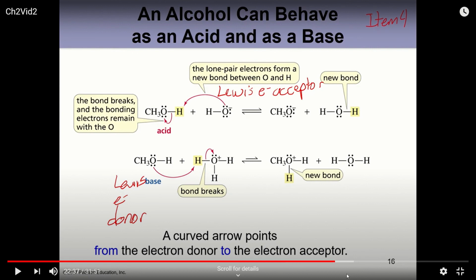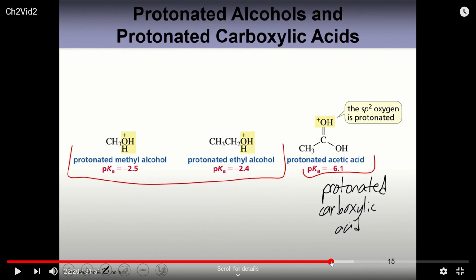So what you're going to do then is note that when you have a normal carboxylic acid versus a protonated acid, the pKa is always going to be lower for the protonated form, but that the order of pKa between functional groups is still consistent, because the non-protonated alcohol is 16 and the non-protonated carboxylic acid is 4 to 5.